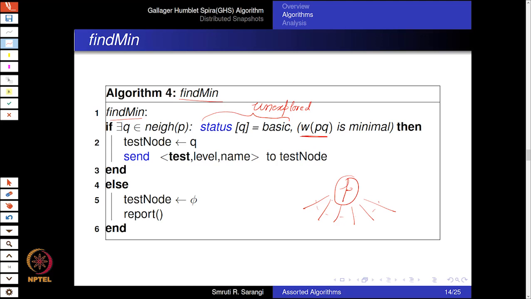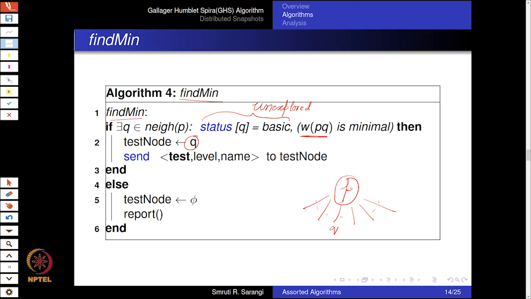It can only be a candidate outgoing edge if its status is basic, which means it is unexplored. So if it is unexplored, out of all of them, I find the node Q such that PQ out of this set is minimal. No problem.